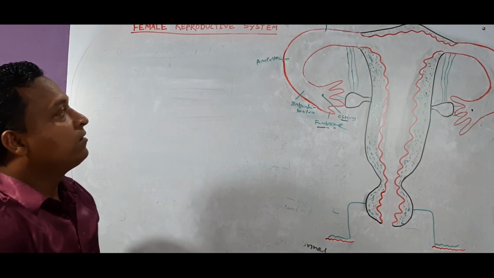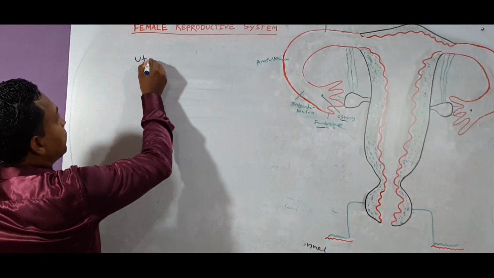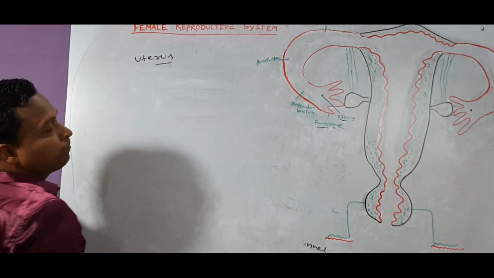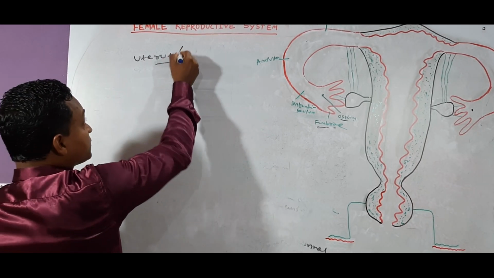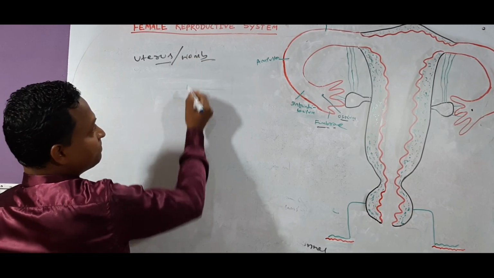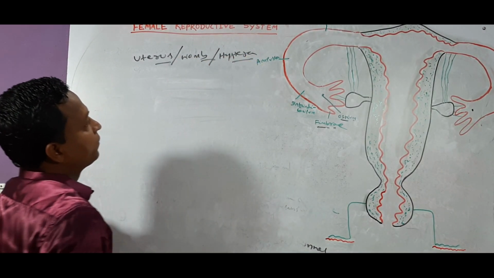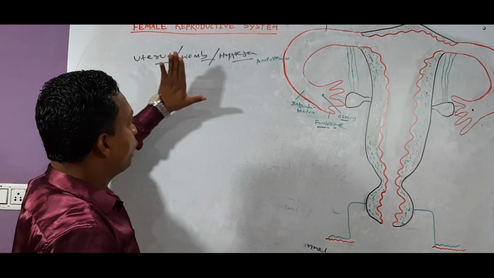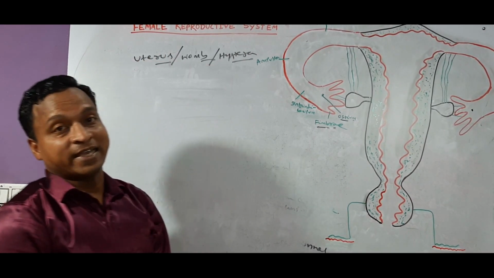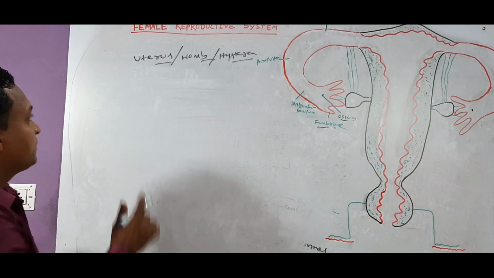Now we talk about the next part, that is the uterus. The uterus is otherwise called the womb, or you can call it hystera.